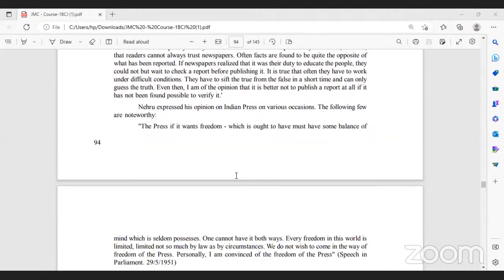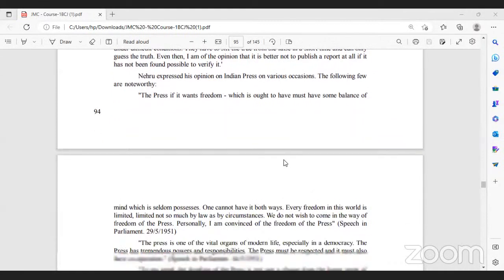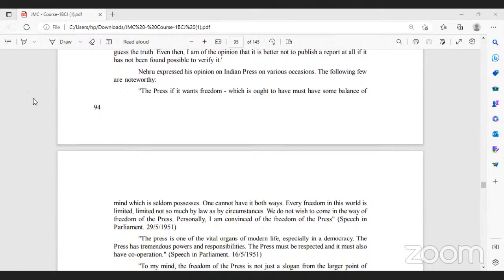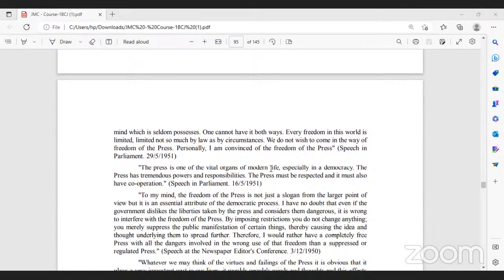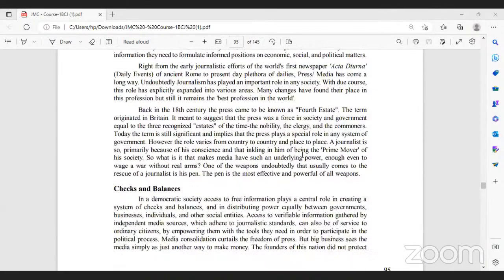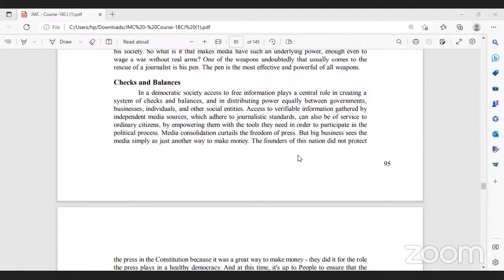Nehru expressed his opinions on various occasions, saying that the press, if it wants freedom, which it ought to have, must have some balance of mind, which is seldom possessed. One cannot have it both ways. Even freedom in this world is limited, so it has to be carefully taken care of. There are certain checks and balances that have to go with a democratic country.